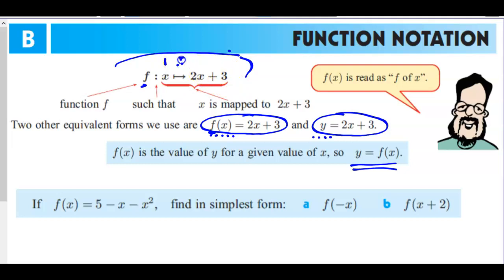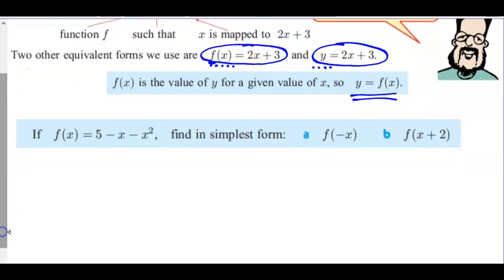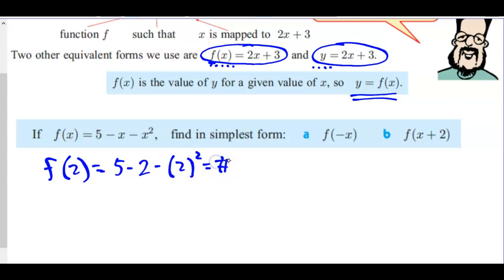That means that the ordered pair (1, 5) is an element of that relation, and it just so happens this one's a function. All right. I would say most people feel pretty good about it if I say f of 2, that means plug 2 in, and we get 5 minus 2 minus 2 squared, and we get a number. Awesome. Way to go, Mr. Sayers. You get an A for the day.